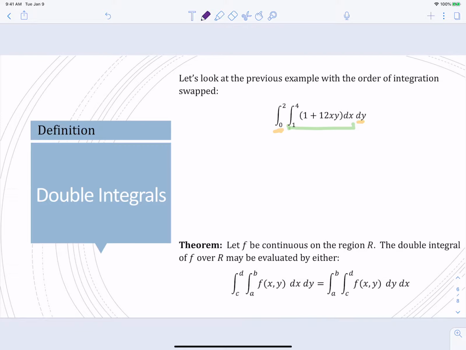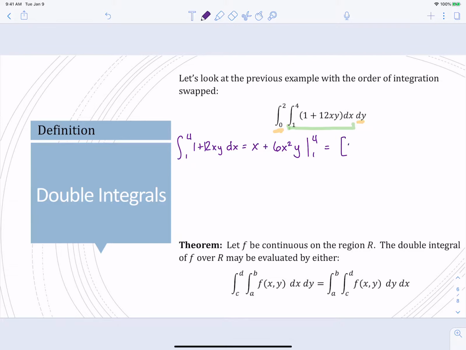So now this is telling us to do kind of the opposite. It's telling us to take our integral with respect to x first. So let's look at what happens. 1 plus 12xy dx. Here, we're going to treat y like it's a constant. So we're going to get x plus 6x squared y from 1 to 4.